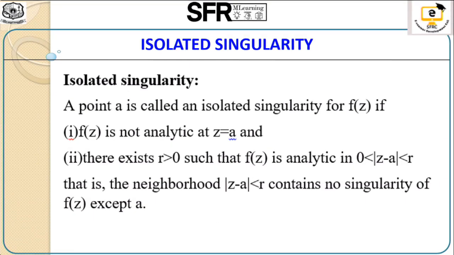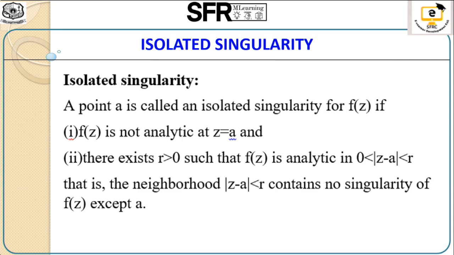Next, isolated singularity. A singular point is called an isolated singularity if the function is not analytic at that point itself only. That is, the function is not analytic at the point a, but in its neighborhood there are no other points at which the function is not analytic.